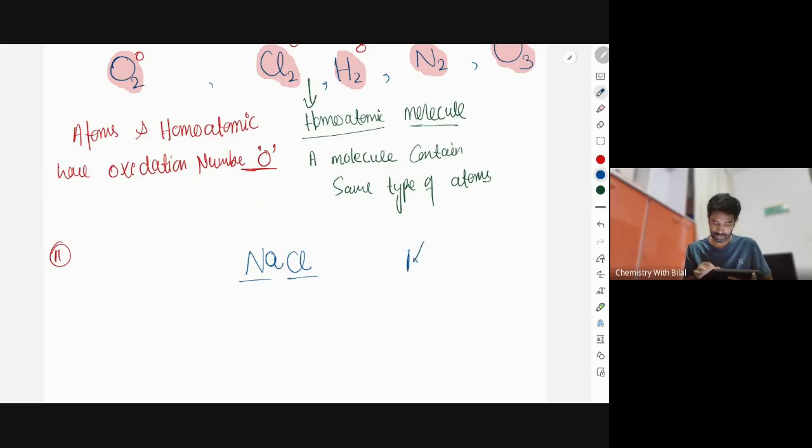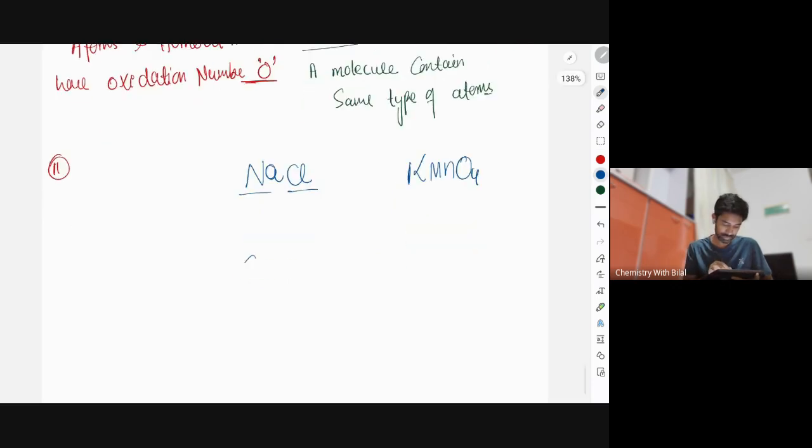For example, we have a very famous oxidizing agent, which we will study in this chapter, copper sulfate, and we have magnesium oxide. Whenever ionic compounds or molecules contain different atoms, what is the rule? How to decide the charge on each atom?